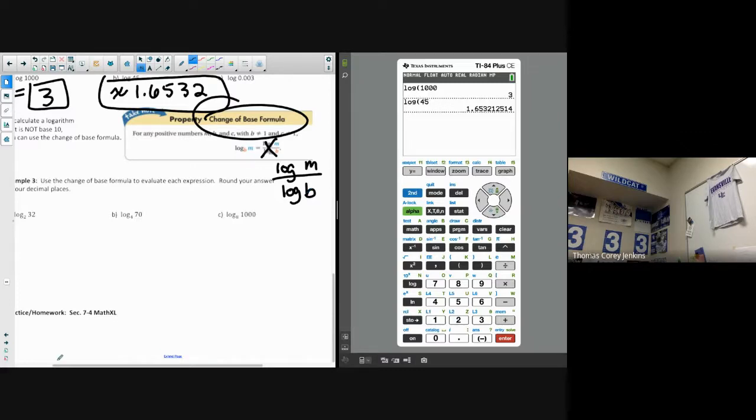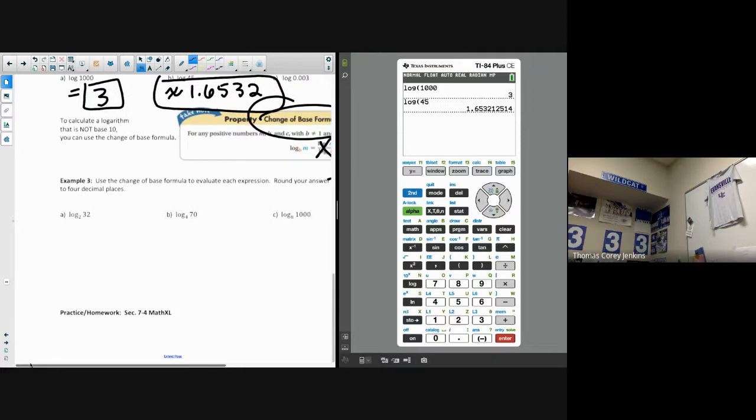All right, so this is a big thing to know how to do, right? So what's log base 2 of 32? Well, first of all, hopefully you're comfortable enough with these to know that 2 to the 5th power is 32. So the answer is 5. But just to show you that it works, let's use the change of base formula, right?